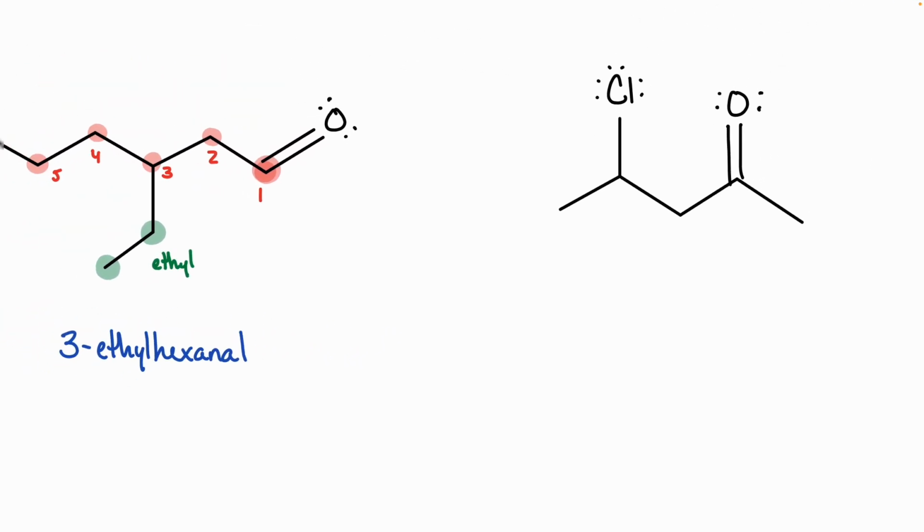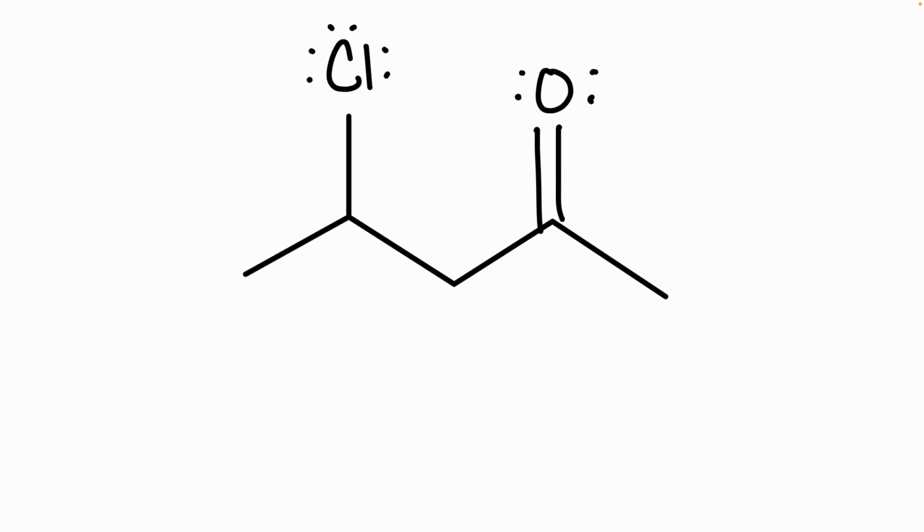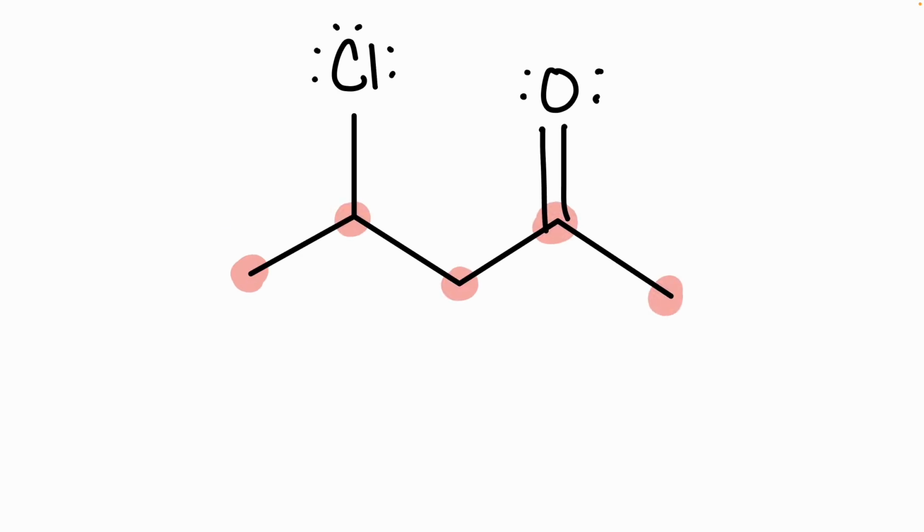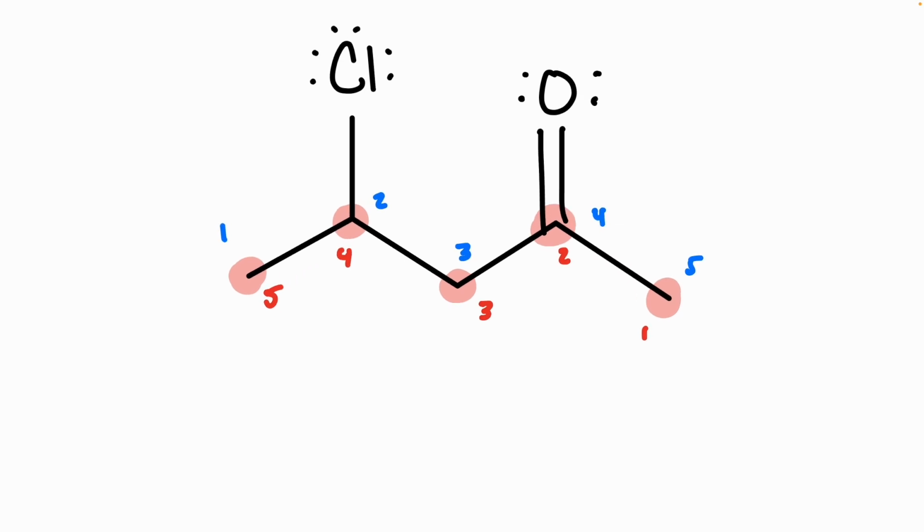All right, and then lastly, we have these 1, 2, 3, 4, 5 carbons in my parent chain. I'm going to number my parent chain both directions here. All right, and which one of these numbering schemes is correct, red or blue? Red, right?